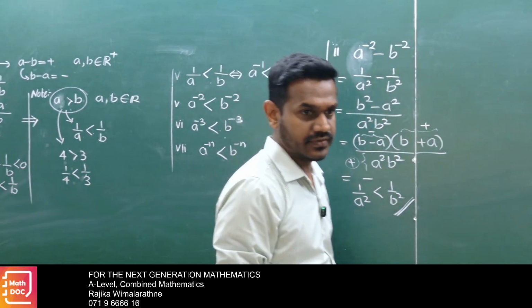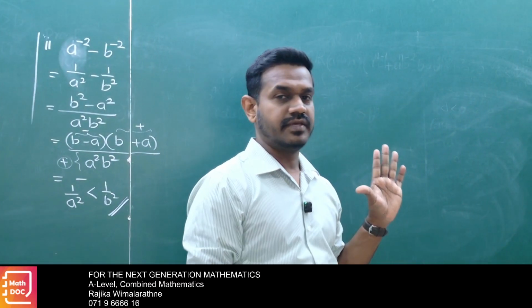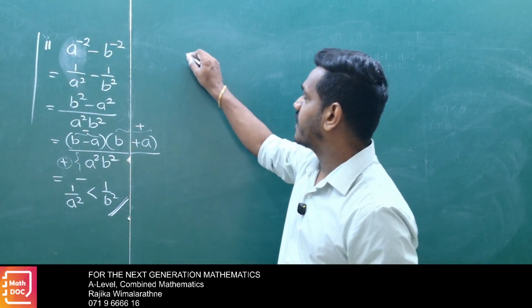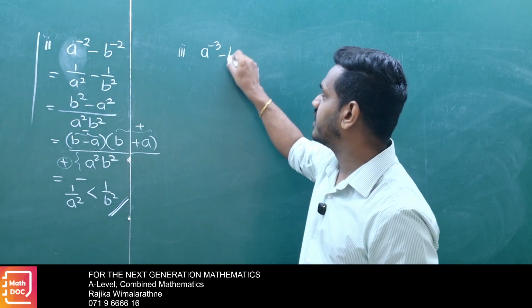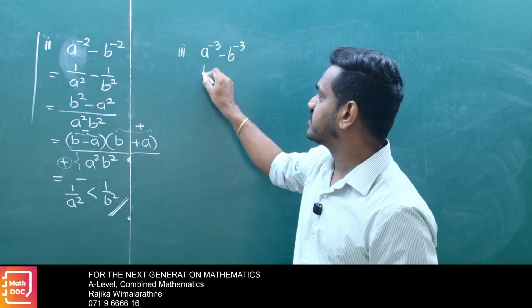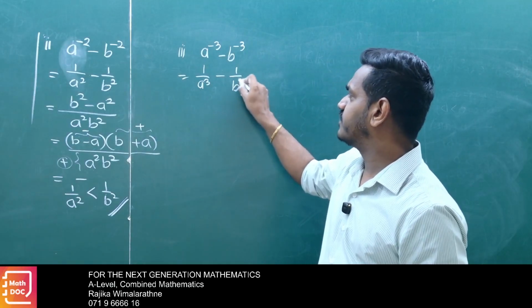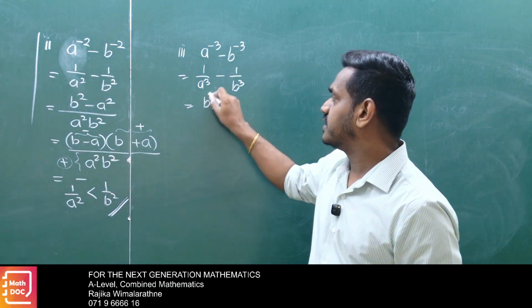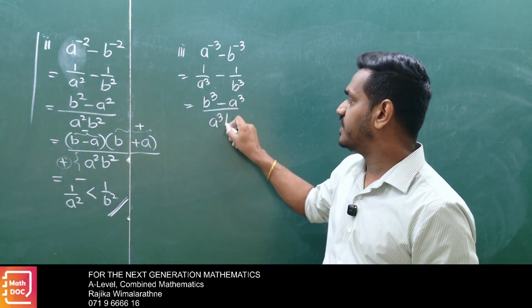Okay, likewise you can do. Continue. Do with me. Third one, a to the power minus 3, b to the power minus 3. So we write here 1 over a cube, 1 over b cube, get common denominator, b cube minus a cube over a cube, b cube.